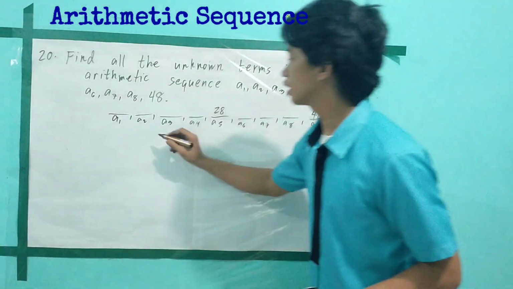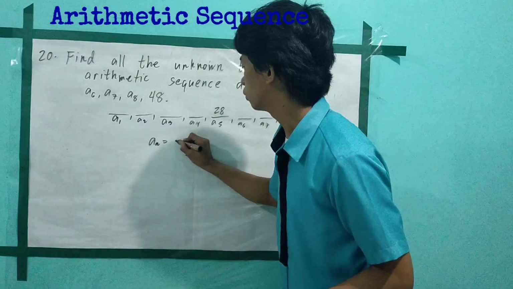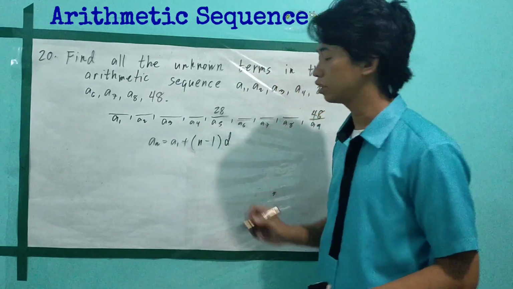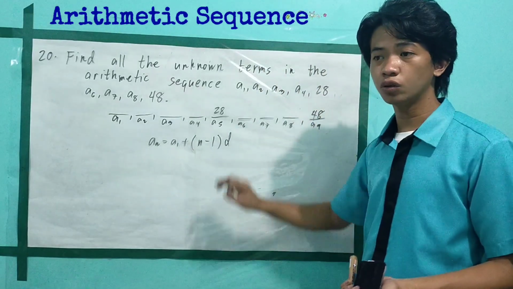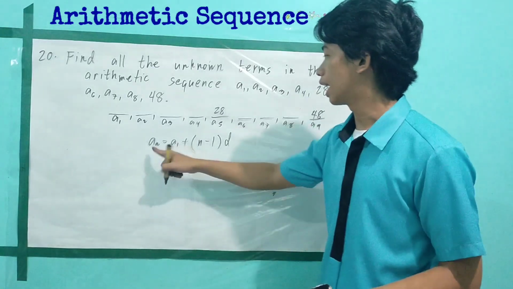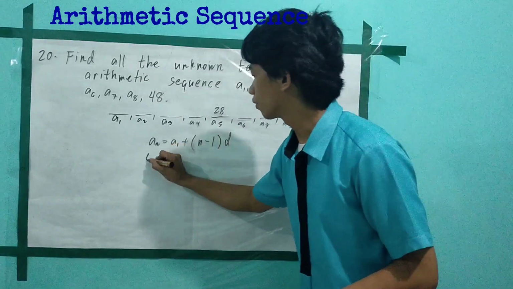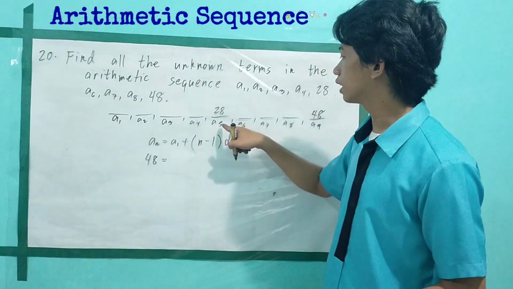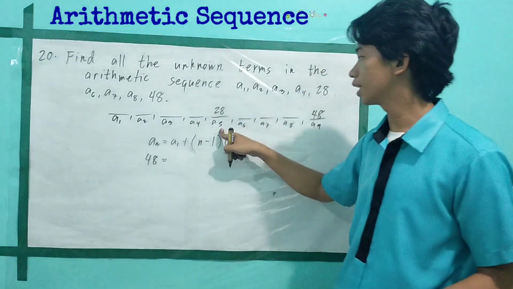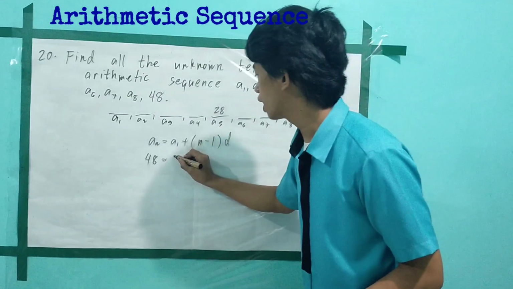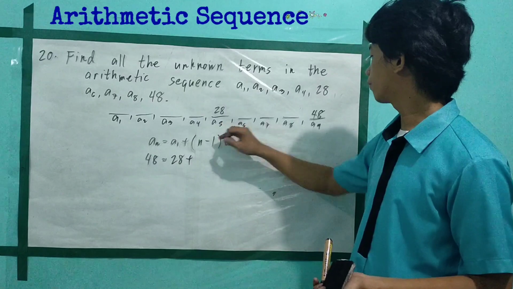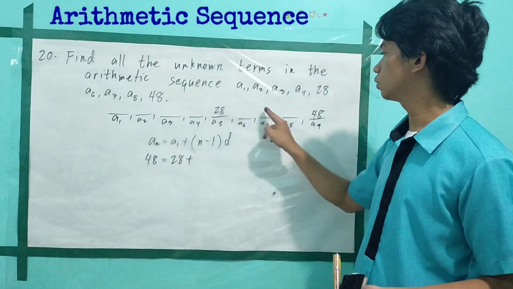Okay? So, using our formula, a sub n is equal to a sub 1 plus n less 1 multiplied to the common difference. Hanapin muna natin yung common difference. Ang ating a sub n is 48. Is equal to yung a sub 1, gawin muna natin a sub 1 yung a sub 5 natin since yan ang given. So, we have 28 plus how many terms from a sub 5 to a sub 9? 1, 2, 3, 4, 5.